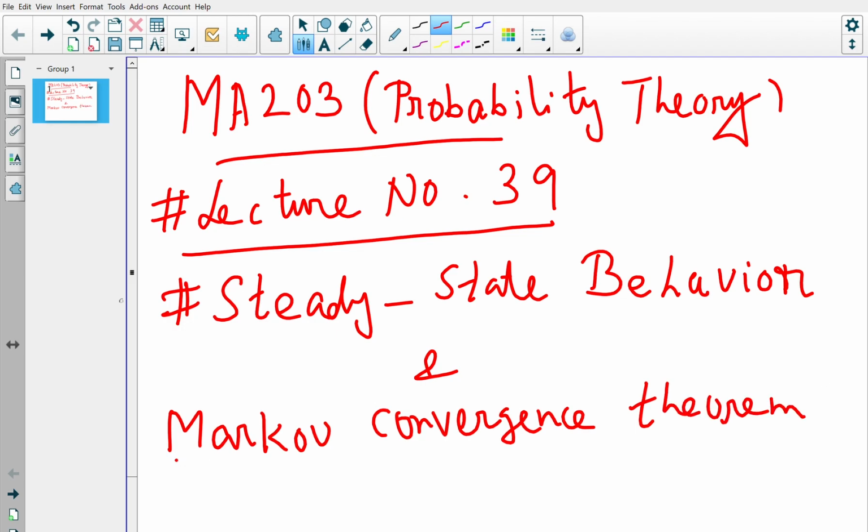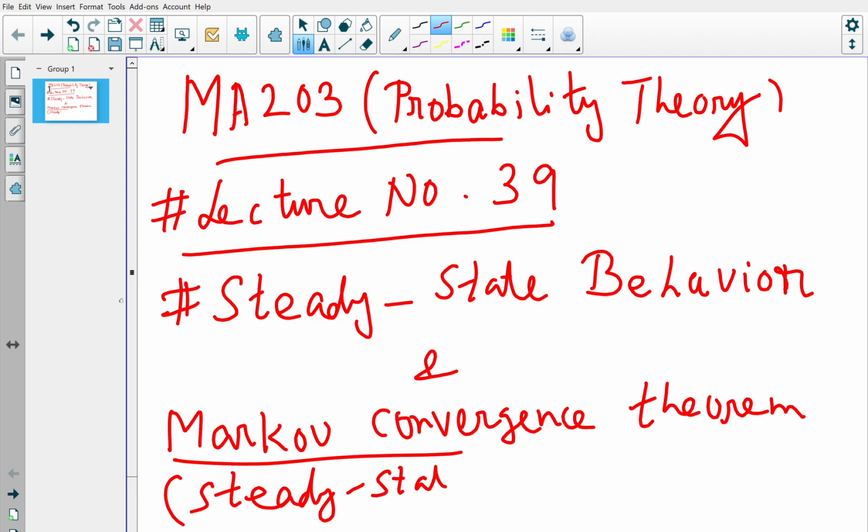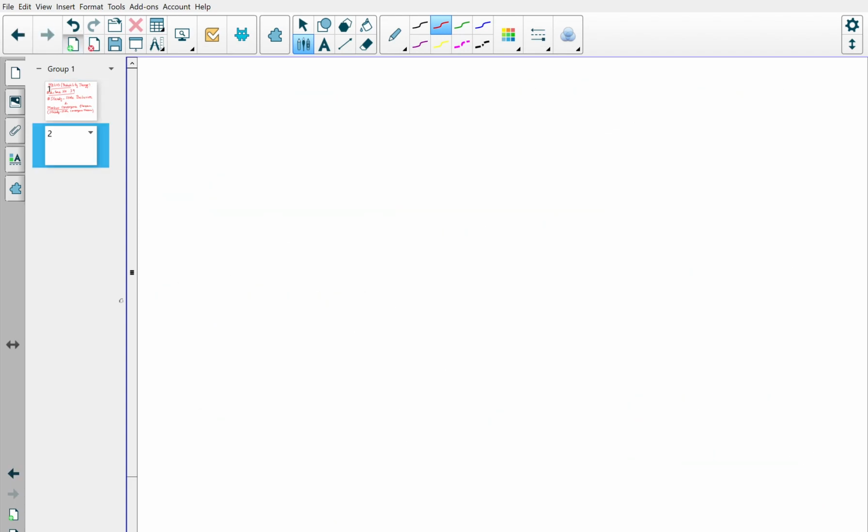This is also called the steady state convergence theorem, so you can find both names in the literature. This is kind of a central topic in the whole discrete Markov chain theory.